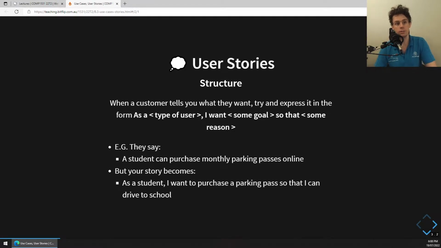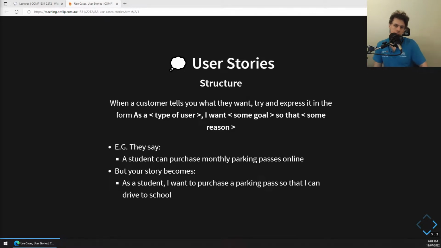And that structure is to say, for instance, as a type of user, for instance, as a UNSW student, I want a monorail on campus so that, and then a reason, and that reason might be to get to the top of campus without walking.